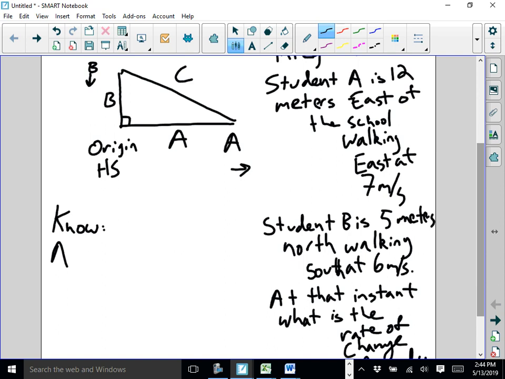What I want to know is, what is the rate of change of A? Well, the rate of change of A would be how fast the student is walking, 7 meters per second. But is side A getting bigger or smaller? Since the student is walking away from the school, side A is getting bigger, so dA/dt equals 7.